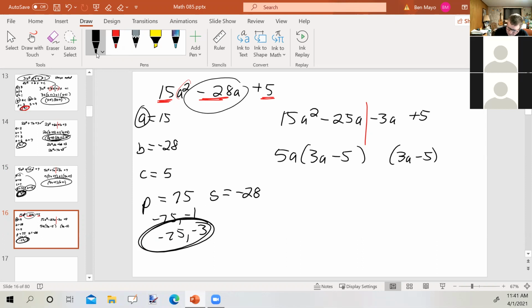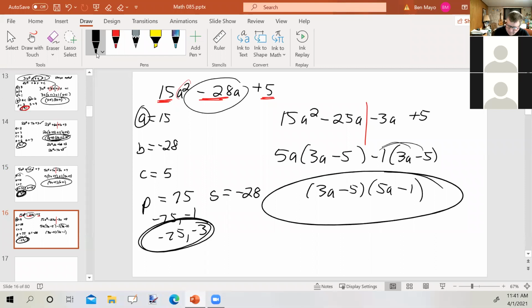And let's see, I'm going to have to factor or take out a minus 1, right? So that gives me minus 3a plus 5. Now the greatest common factor is 3a minus 5, and the leftovers 5a minus 1.